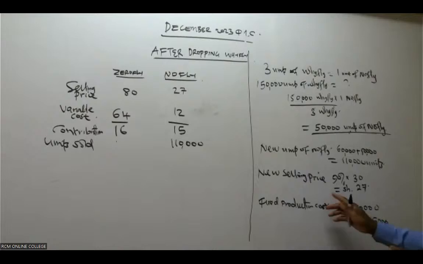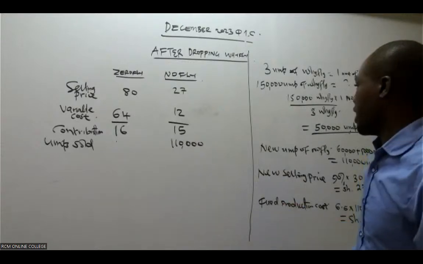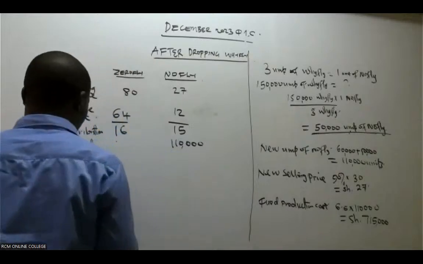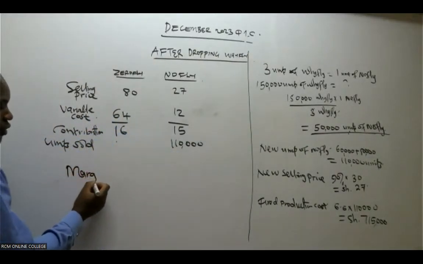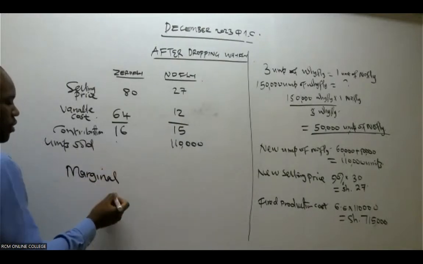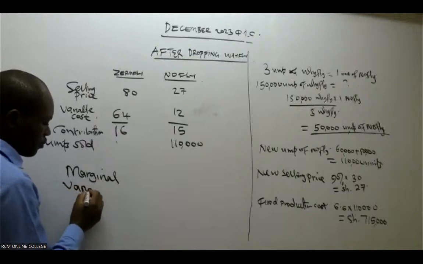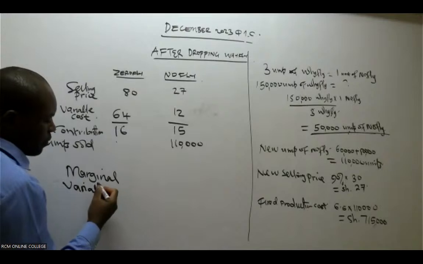The way we are going to deal with this fixed production cost is determined by the costing system you're going to use. Are we going to use marginal or absorption costing? I believe I clearly explained yesterday that when we talk about marginal, we talk about marginal costing, or we call it variable costing system.